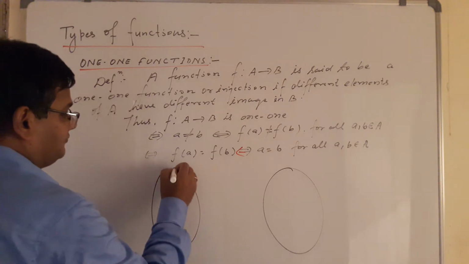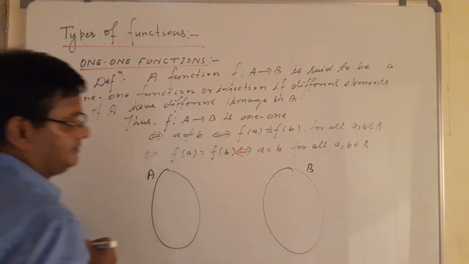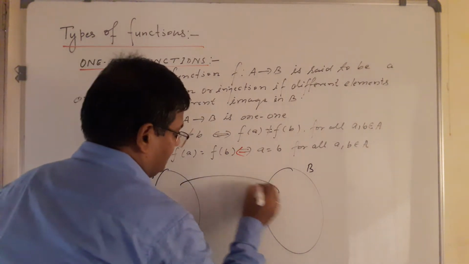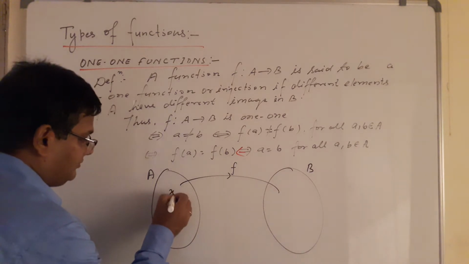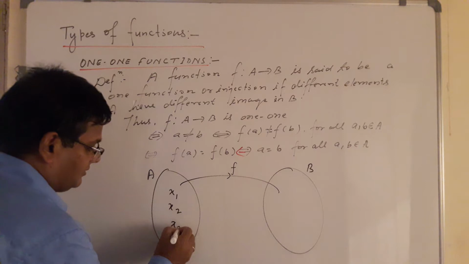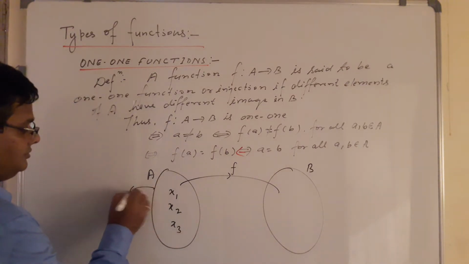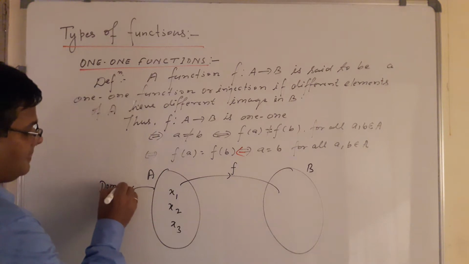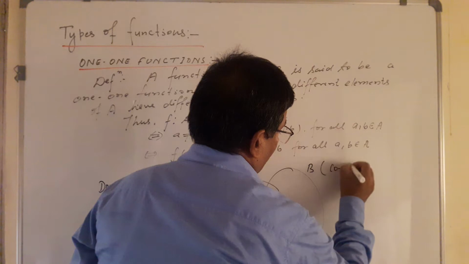Suppose this is a set A and B, two non-empty sets, and this is function f. The elements of set A are x1, x2, x3. A is your domain and B is your codomain.